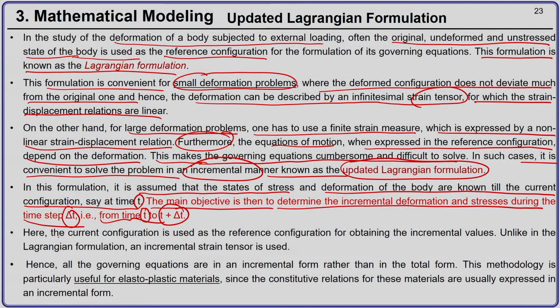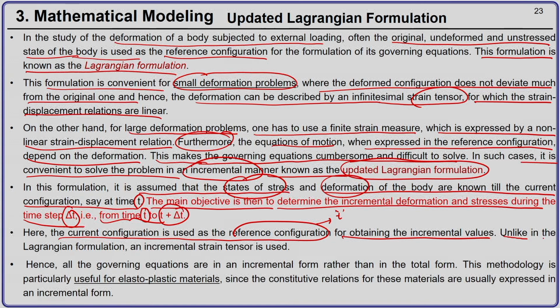So, hence the current configuration is used as the reference configuration. The configuration at time t, where we know the states of stress and deformation, is used as the reference configuration, rather than the configuration at time t equal to 0, for obtaining the incremental values.